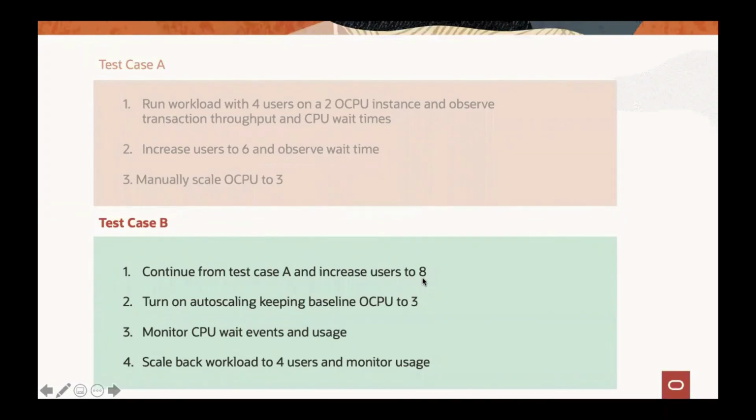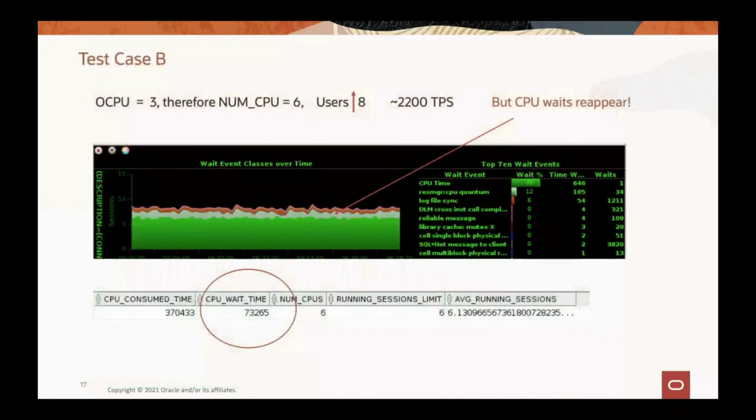And let's see what we expect. I'm going to show you what the expectation is here: number one, we of course bumped the users up to 8, and there were wait events, which were not clear on the graph right now, but just about 20% of the sessions were waiting.